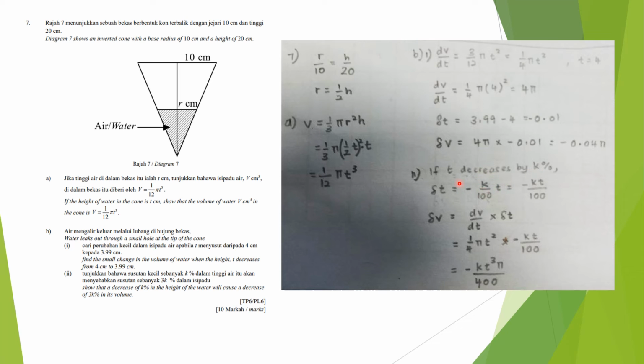If it increases, positive. Decreases, negative K over 100, times T, equals negative KT over 100. This is your delta T. Then how to find your delta V? Delta V is dV over dT times delta T.